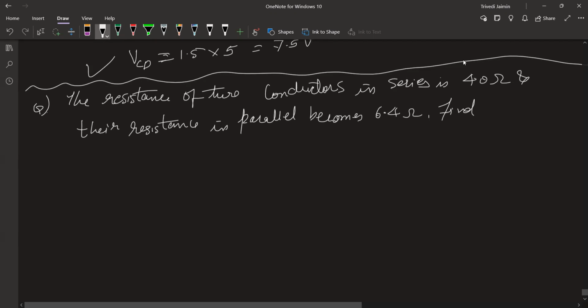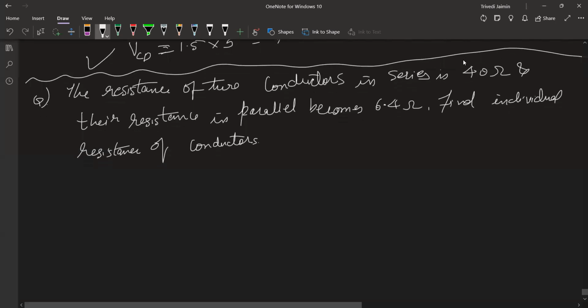Find the individual resistance of the conductors.